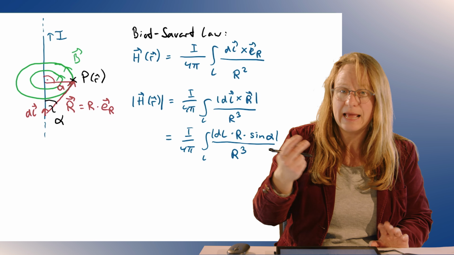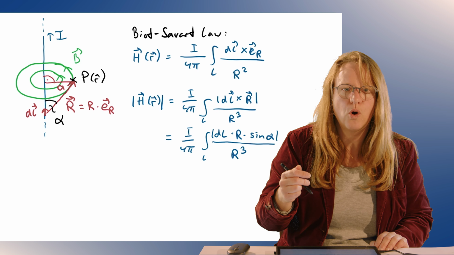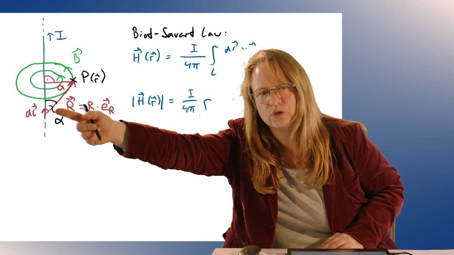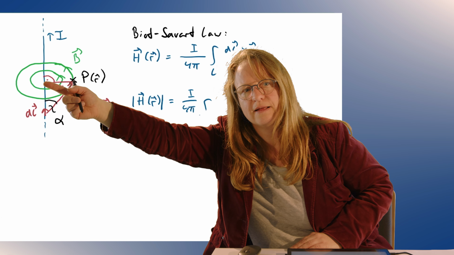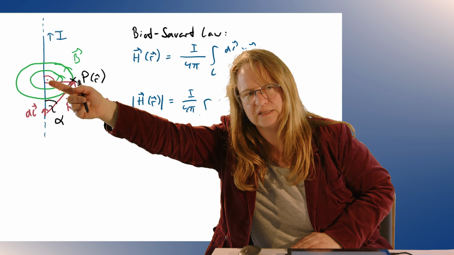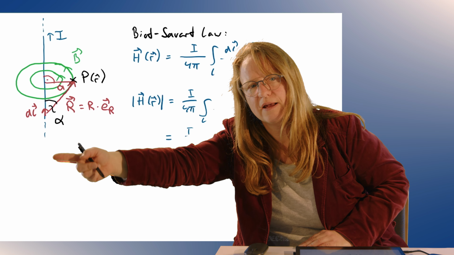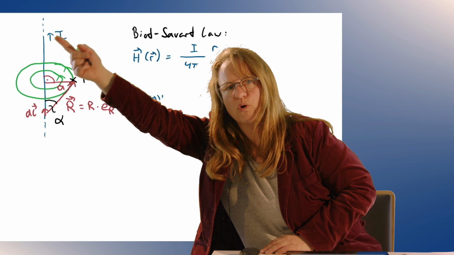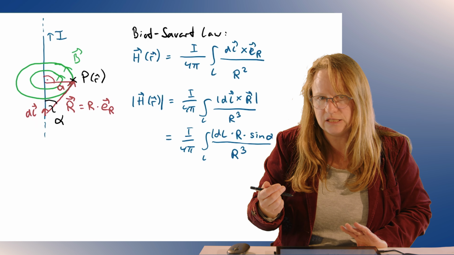So the length of R depends on the position of our integration. Also, the angle alpha depends on the position of our integration. If we're at this point here, the angle alpha is 90 degrees. If we are going to minus infinity for an infinitely long fiber, then the angle alpha is going towards 0. If we are going up all the way, then the angle alpha is going towards 180 degrees.